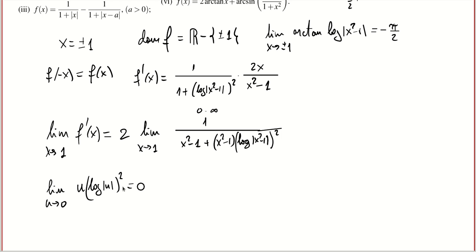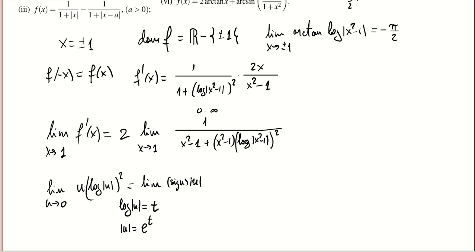Maybe the simplest one would be to change the variable here, right? So we can say the logarithm of the absolute value of u is going to be t, right? So the absolute value of u is going to be e to the power t, right? So what we have here is the limit of, well, let's say the sign of u times the absolute value of u. This is u.